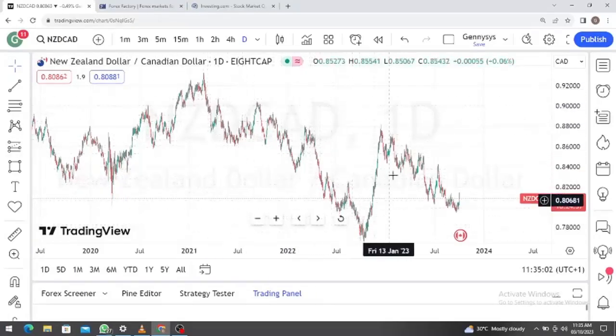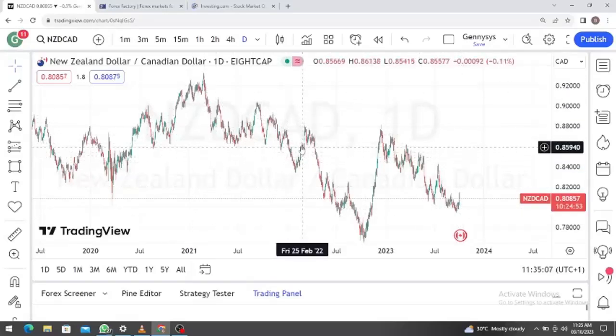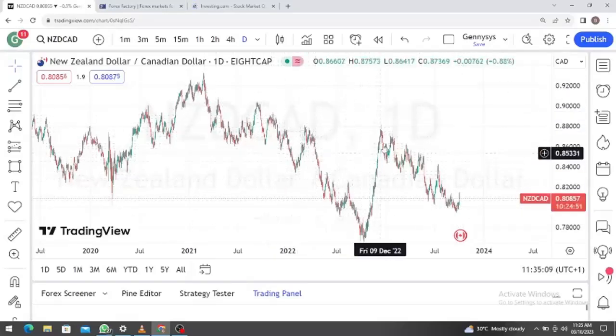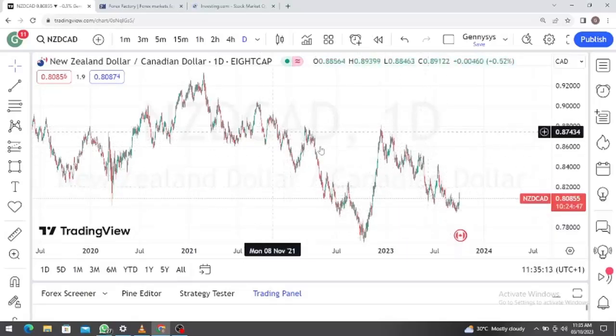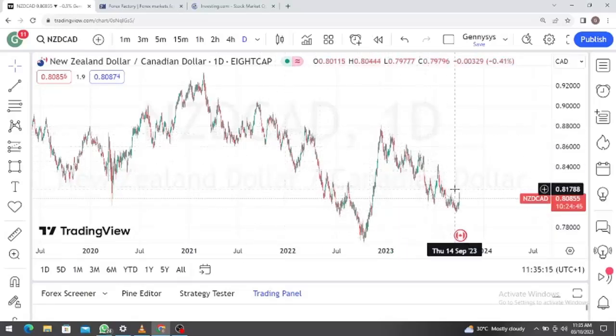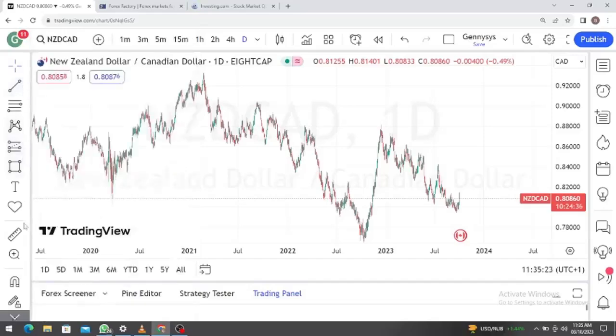The most recent is what? It's a downtrend. We have lower highs and lower lows being created. So we have a daily downtrend being created here. All right. Now, from what I see here, I see that there has been a break of structure to the upside.